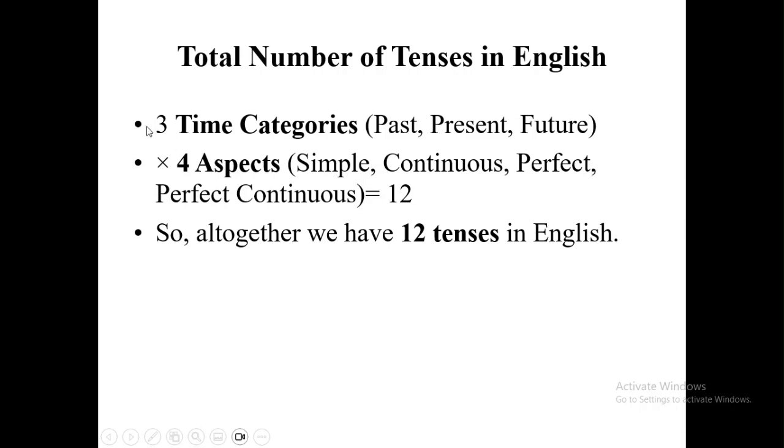So, 3 into 4 is equal to 12. Altogether we have 12 tenses in the English language, 12 particular exact timings. So this is the basic about the tenses.